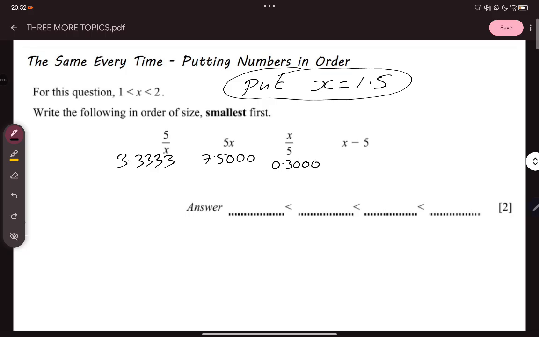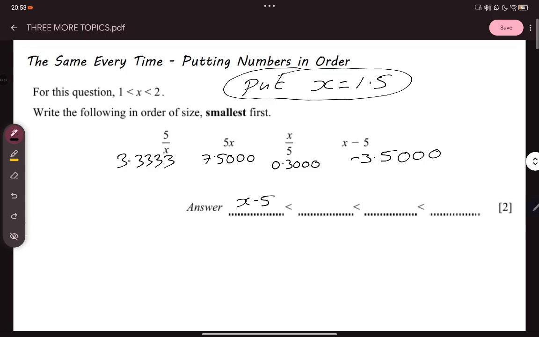X minus 5, that's the one that we could probably see just by looking at it, is going to be the smallest number, because if x is a number between 1 and 2, x minus 5 is always going to be something negative. So in this case, it's negative 3.5. I'll put my extra zeros on there, but I know that that's the smallest number because that's a negative one. So the smallest number is the x minus 5.